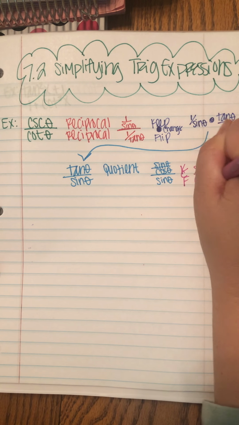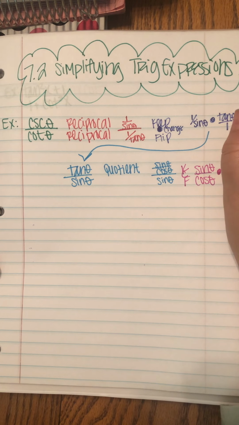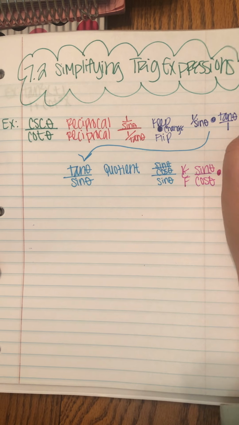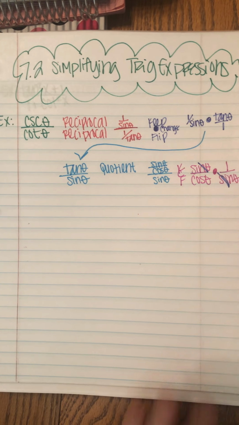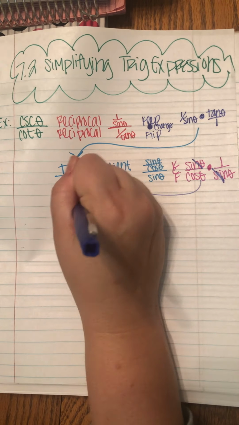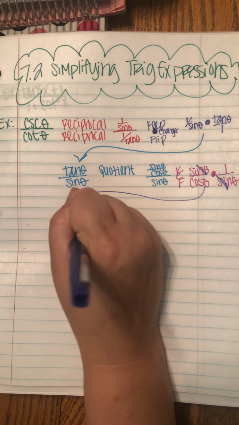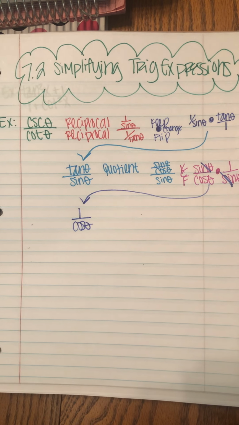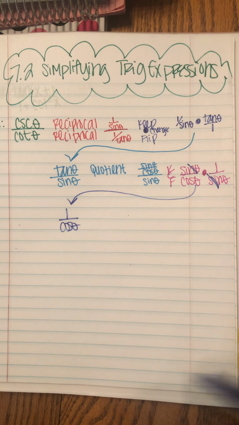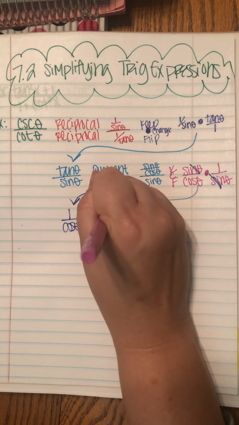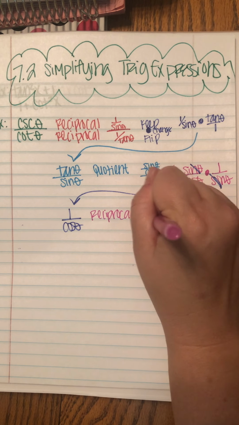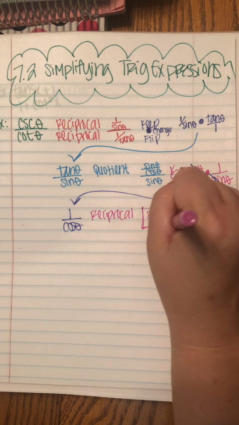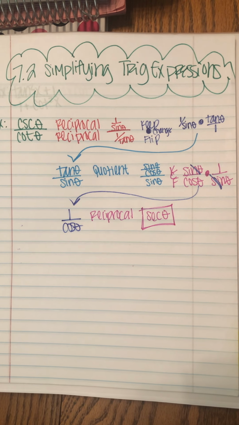So sine over cosine, change to multiplication, and flip to 1 over sine of theta. You can cancel these sines. And let's come back right here. And I'm left with 1 over cosine of theta. And I don't want to leave it as that fraction, especially since I know my reciprocal identities, which is that this is secant of theta. And that's my final answer.